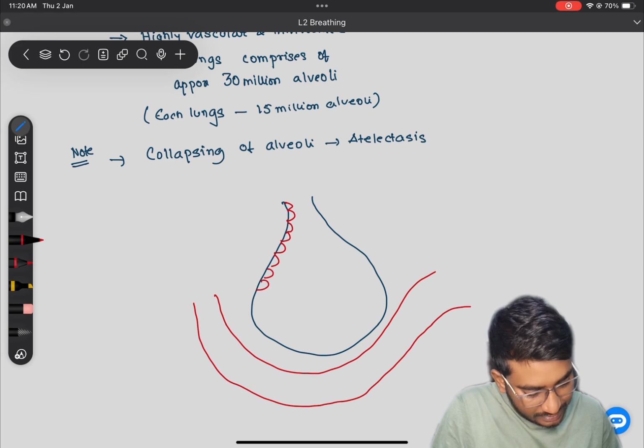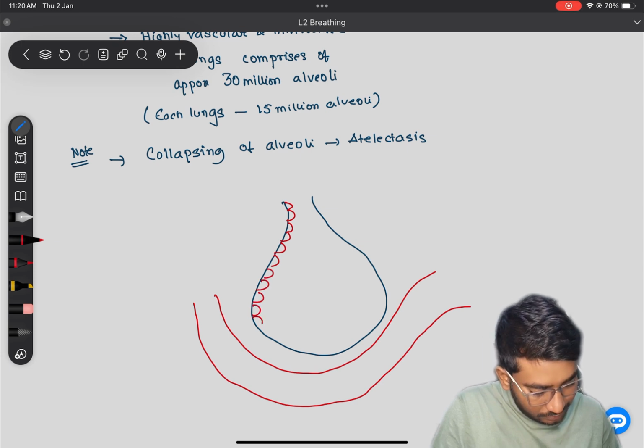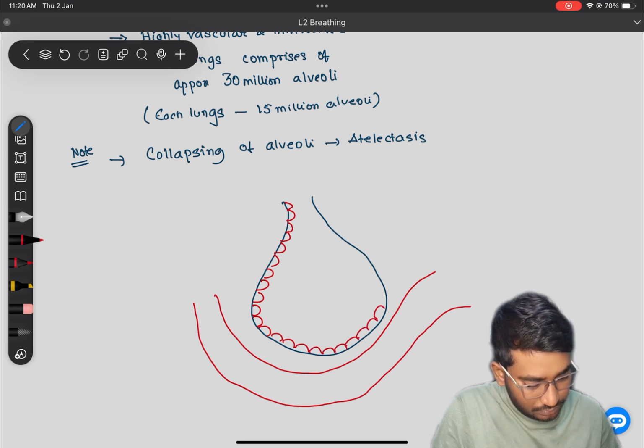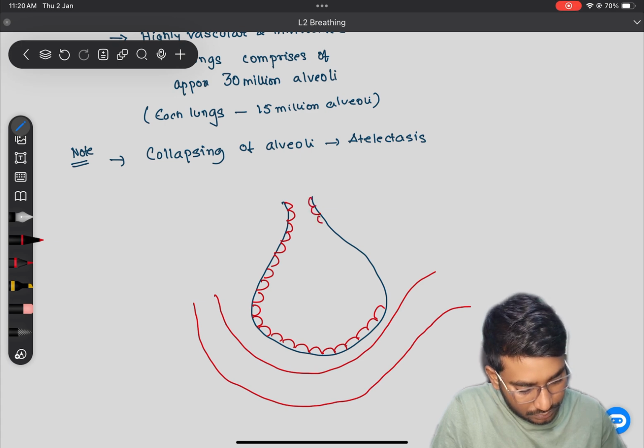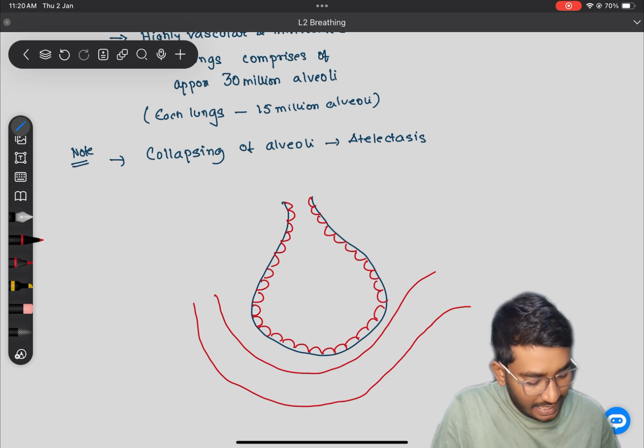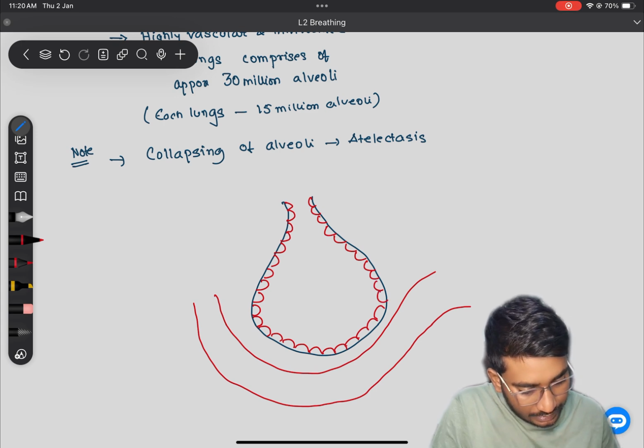These are present inside the alveoli. This simple squamous epithelium generally performs the function of the diffusion of gases.